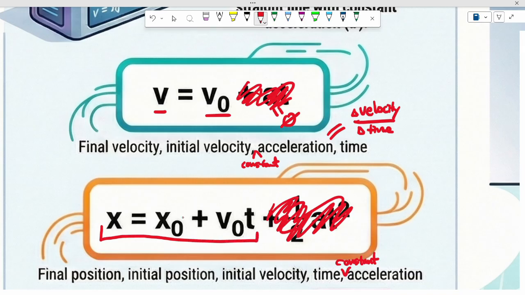And with a constant velocity, the position equation becomes this simpler expression. And I can rearrange it a little bit to move x naught over to the left-hand side. I can do that by subtracting it from both sides. Then you get x minus x naught, that's your displacement, is equal to your initial velocity, which is the same as your final velocity or velocity at any time, times time.